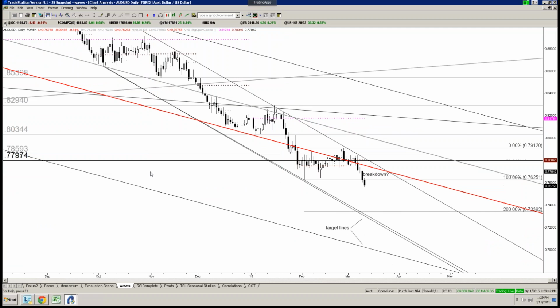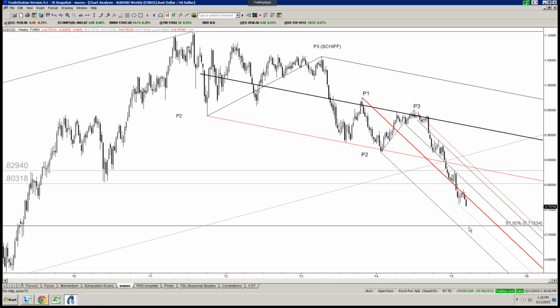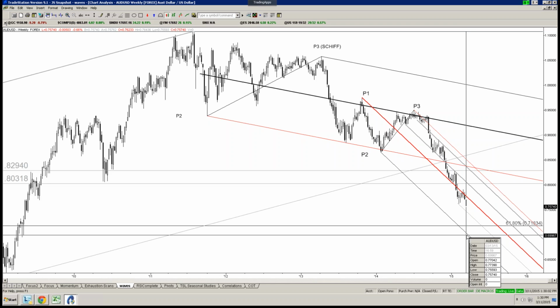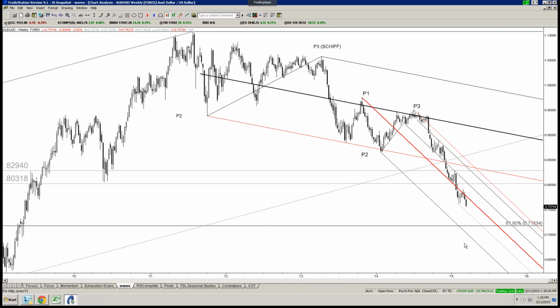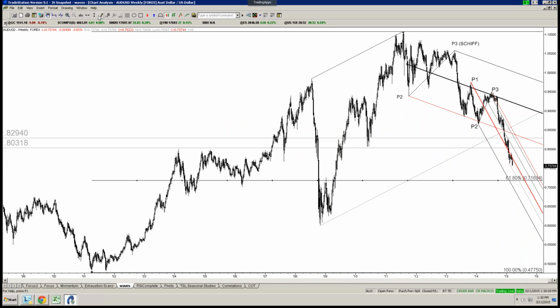So 73.38, and then lower parallels are actually lower than that for the Aussie dollar, targets on the downside. You can see on the weekly, if this lower parallel is going to be reached, then we're talking down below, probably even below 70 at this point.